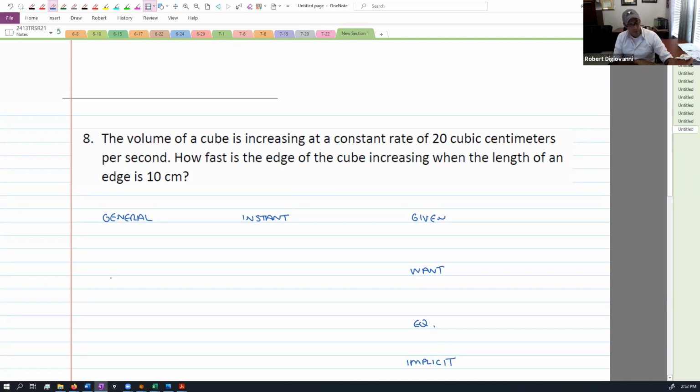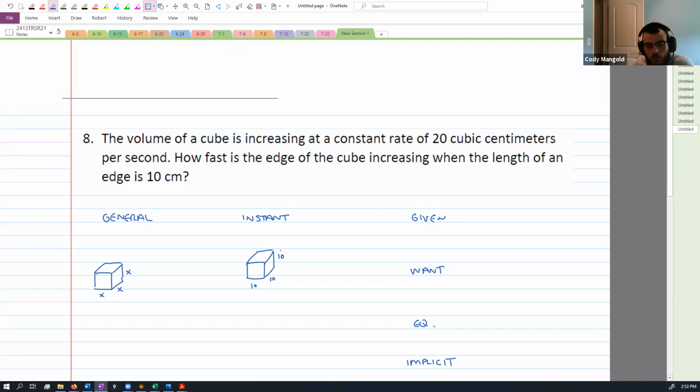Okay, so the general picture is we have a cube, three-dimensional, and it's growing so that its volume is increasing at a constant rate. So this is x, x, and x, three sides, it's a cube. We know that at the given time, the instant in time, the cube looks like this, where this is 10, 10, and 10 centimeters, right?